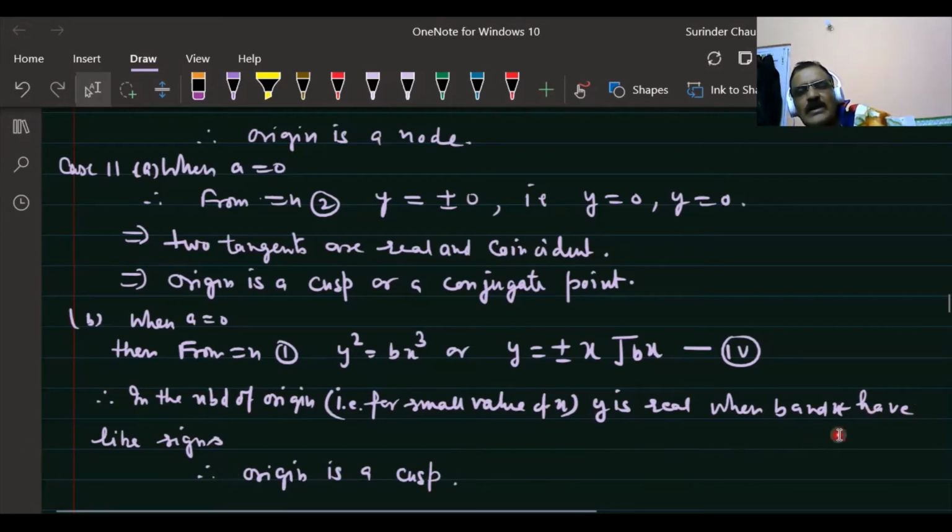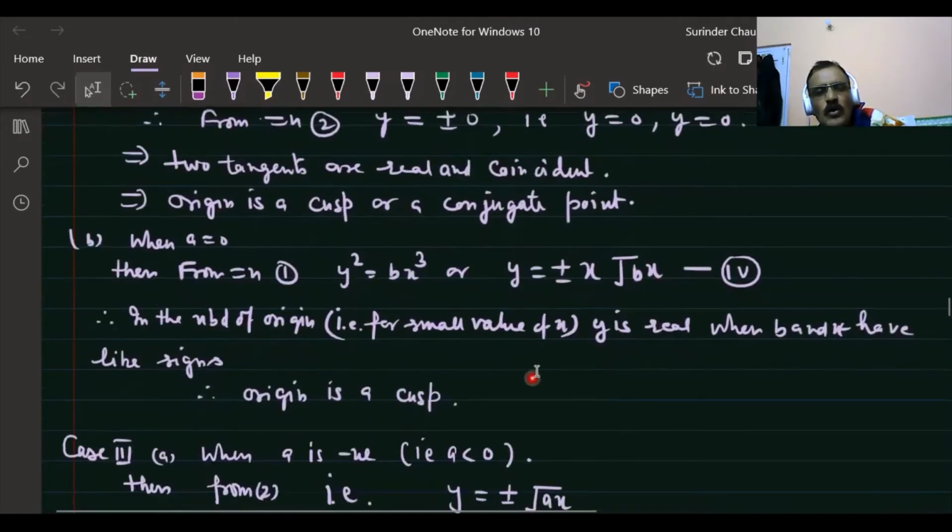If b is positive and x is positive, or both negative, then the origin is a cusp. If they are of opposite sign, this will be imaginary. Imaginary means this will be a conjugate point.